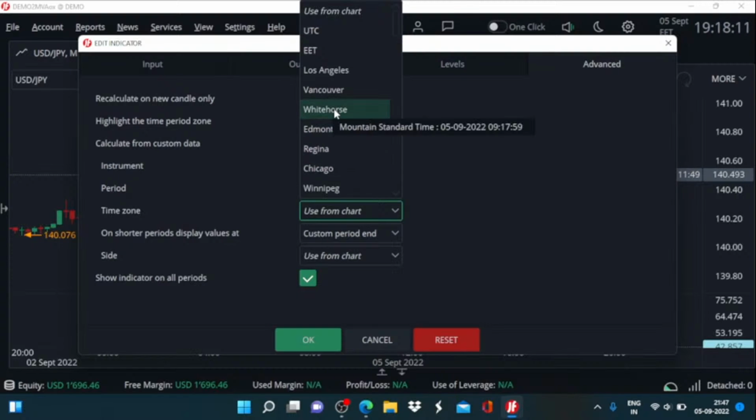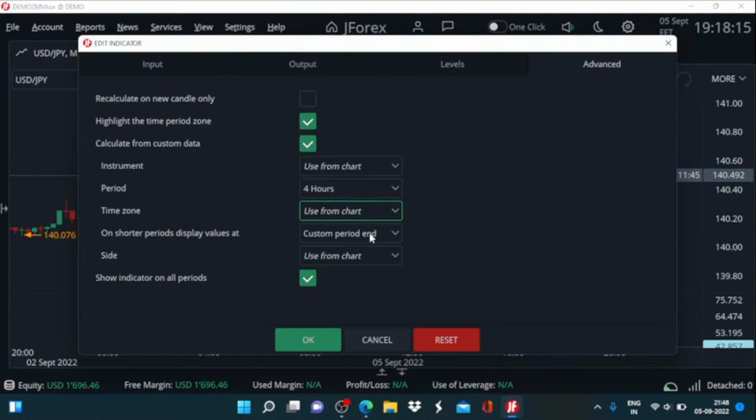Wherever you reside, you can take a local time zone into consideration and use it for charting purposes. On shorter periods, if the candlestick of the charting period is lower compared to what we have used as the calculation period for the indicator, in that case the output of the Aroon oscillator can be displayed at the custom period end, the start, the middle, or on each new candle.